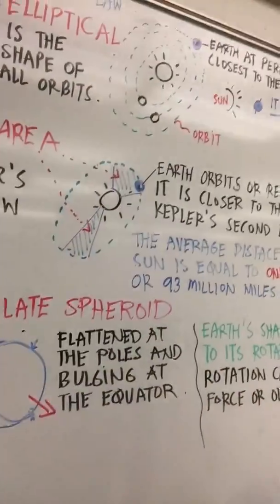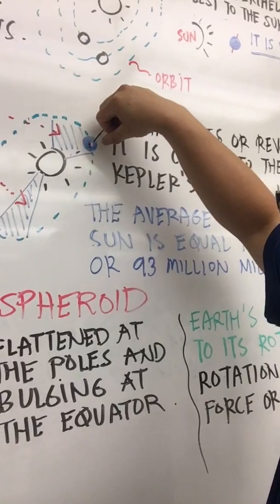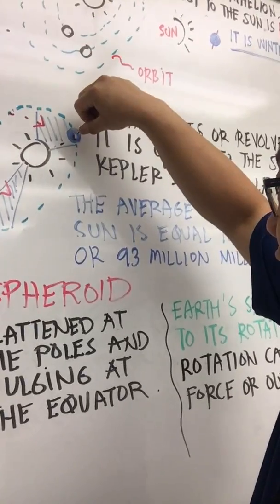Now, Kepler's second law states that planets sweep out equal areas in equal time. So the area that's traveled by the planet here and here in the same amount of time is equal. So that's Kepler's second law.